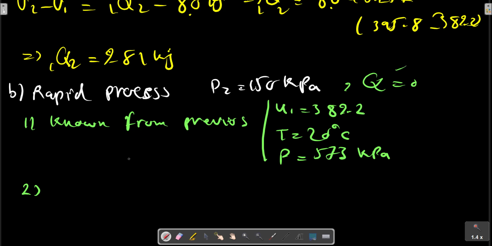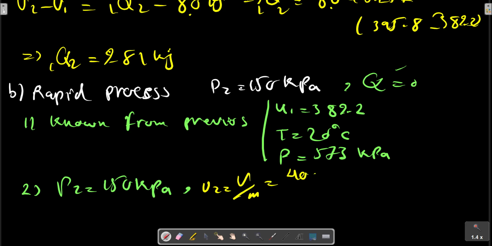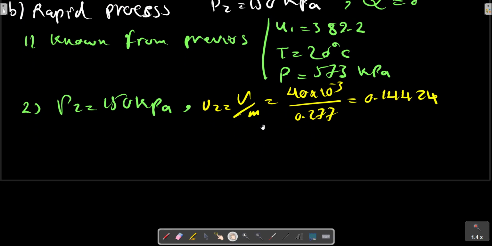State 2 is as shown: P2 and V2 are also known, V2 equals V over M. We should use table B.5.1 first to determine the state.